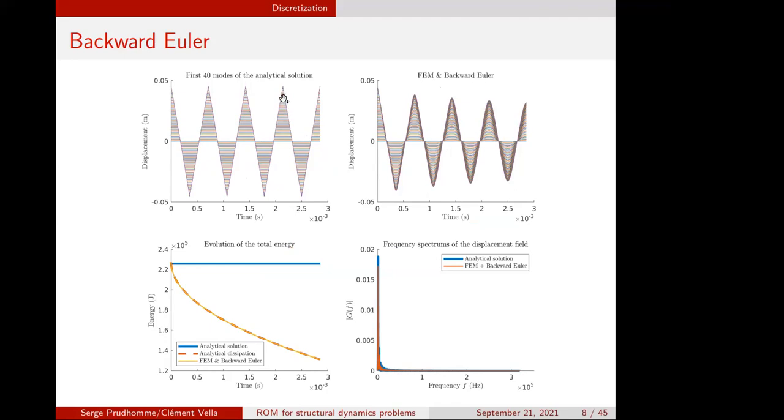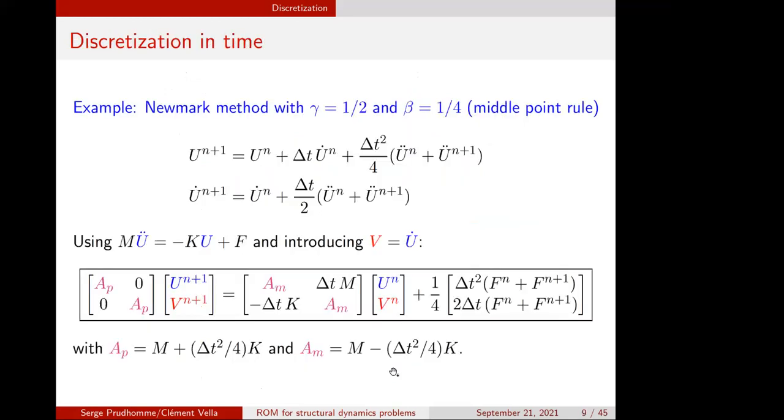And those wiggles are essentially due to the Gibbs phenomenon because of this shock wave. More important essentially here is when we use this backward Euler scheme, as you may know, we are going to lose energy. There's going to be dissipation, and in this case, it's simply numerical dissipation. And I'm showing here the evolution of the total energy that decreases with time. So this is not a scheme that we would like to use.